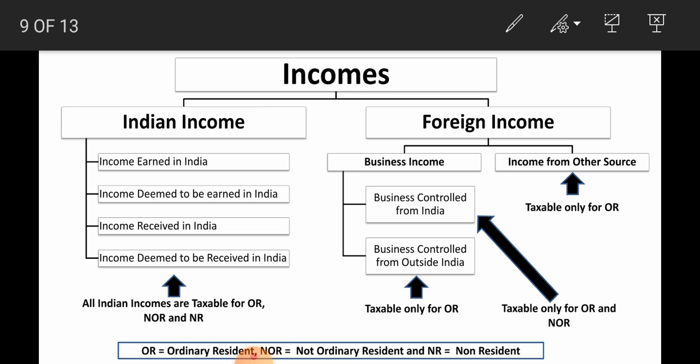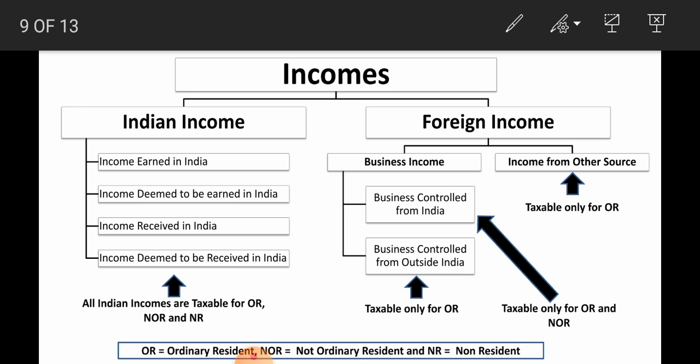First, one point is very clear, that foreign income is not taxable for a non-resident. Clear? It means in case of incidence of tax, a non-resident will pay tax only on Indian incomes under the Indian tax law.